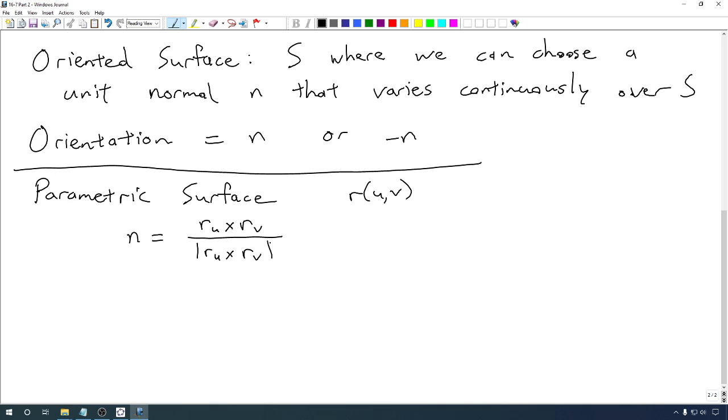This will be the formula that we'll use for the unit normal to a parametric surface, assuming that we do actually have it orientable.